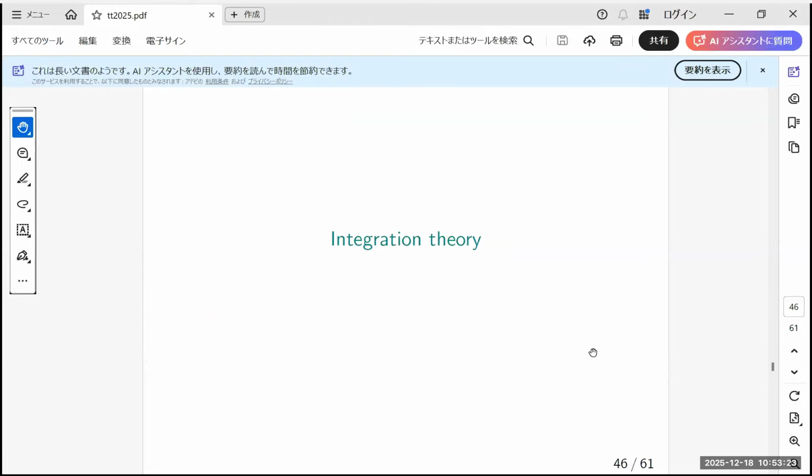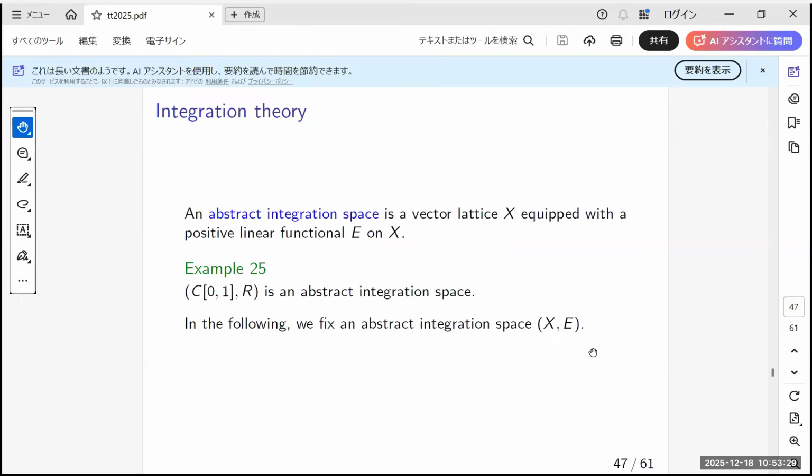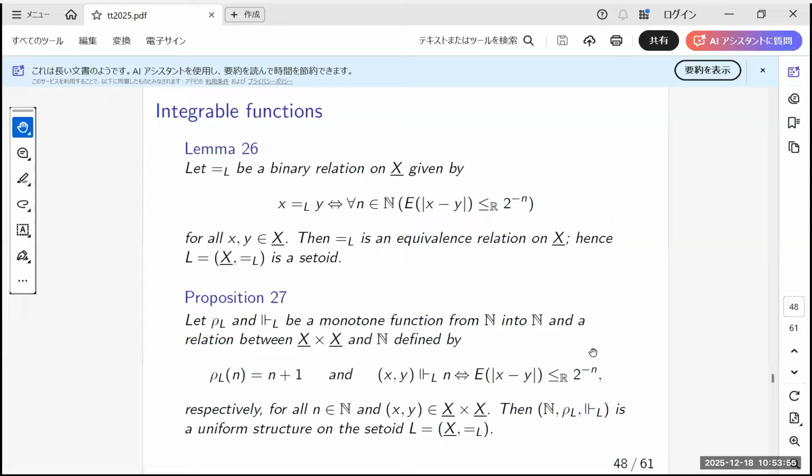And finally, we are going to go into integration theory. An abstract integration space is a vector lattice with a positive linear functional. Okay, the uniformly continuous functions on the unit interval with the Riemann integral form an abstract integration space. So in the following, we fix an abstract integration space.